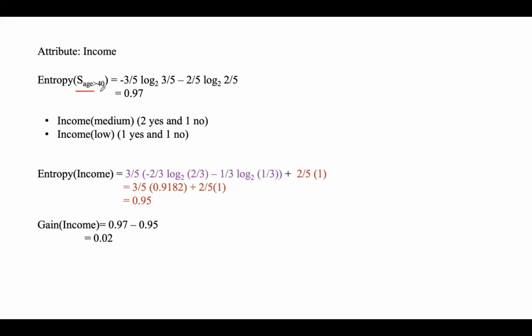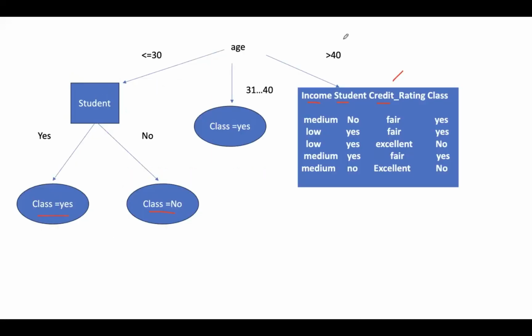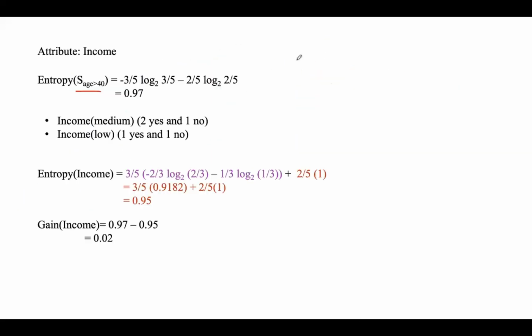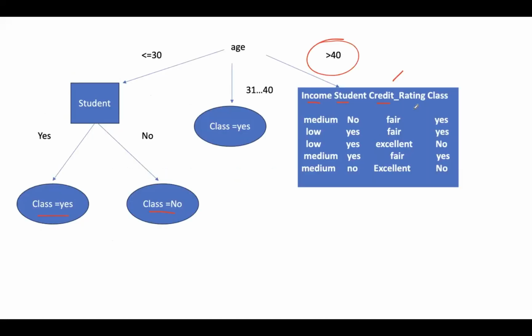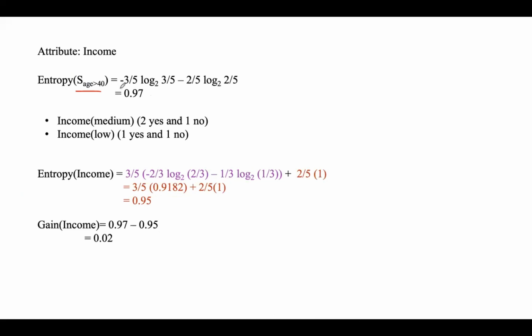Here the condition is age greater than or equal to 40. How many examples are there in this part? Total 5. 3 positives, so the proportion of positive examples is 3 by 5. Negative ones are 2 by 5. This is for yes and this is for no.